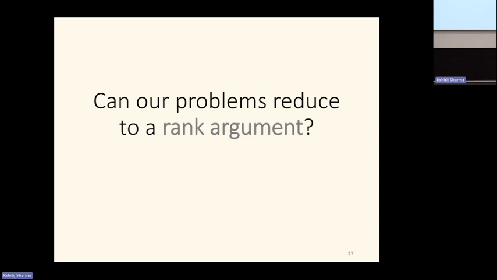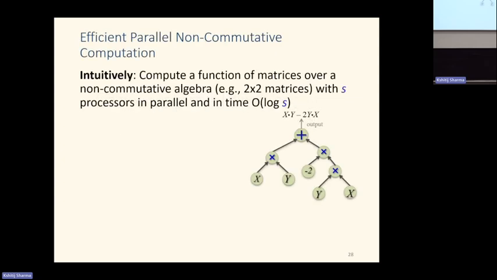Can I reduce this problem to the question whether some matrices have high rank? And this is work that I've done about non-commutative computation, non-commutative parallel computation, let's say.